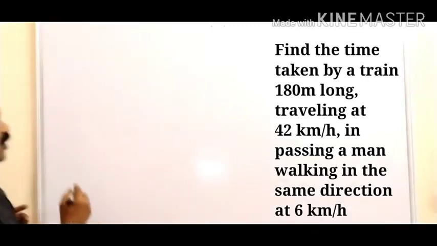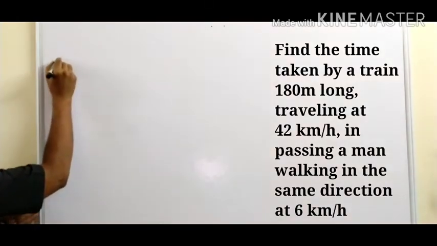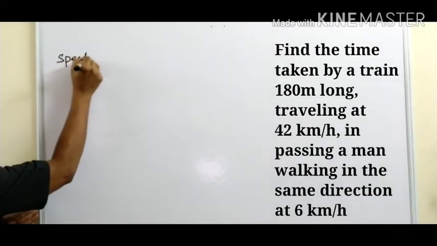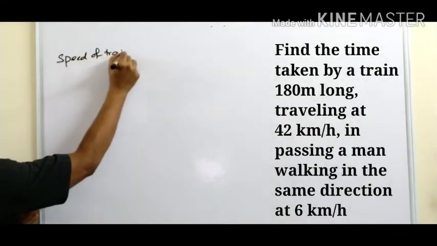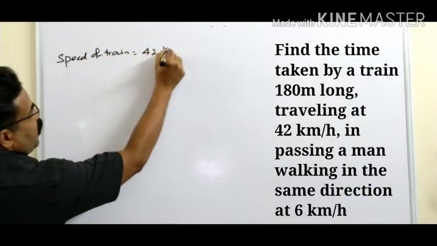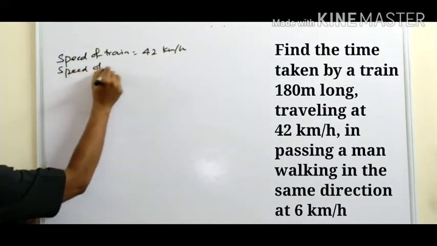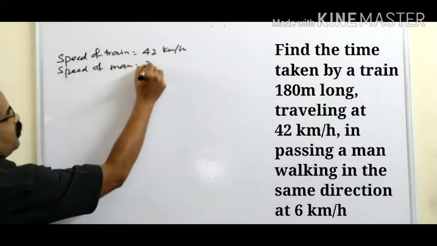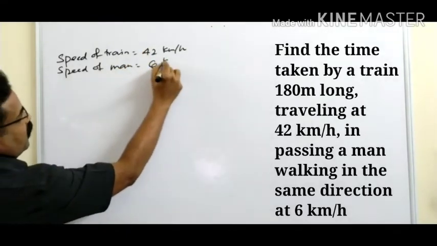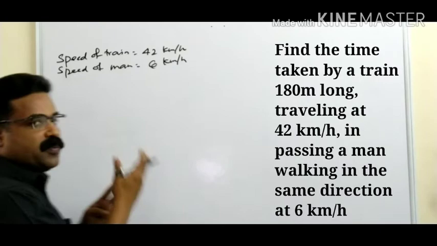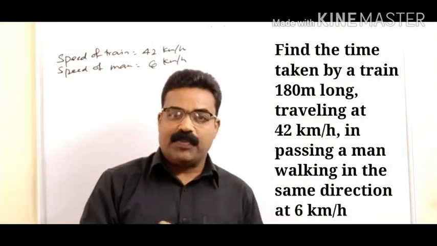So what is given in the question? Speed of train is equal to 42 km per hour and speed of man is equal to 6 km per hour. When we have two speeds, we have to take the relative speed.